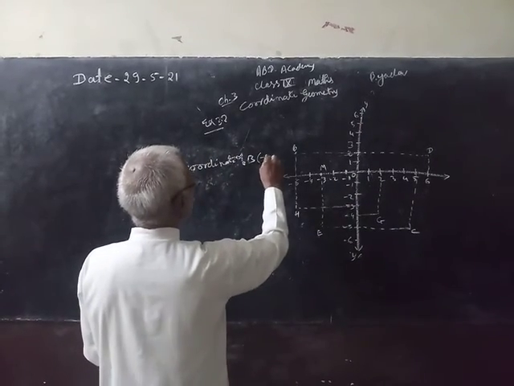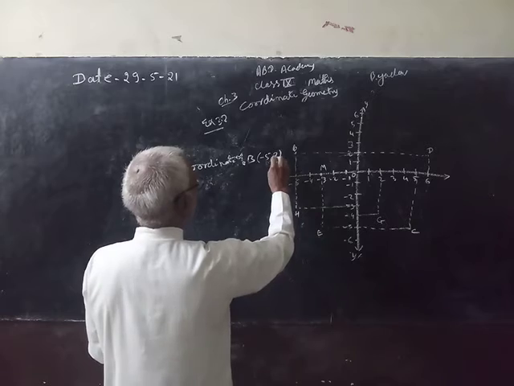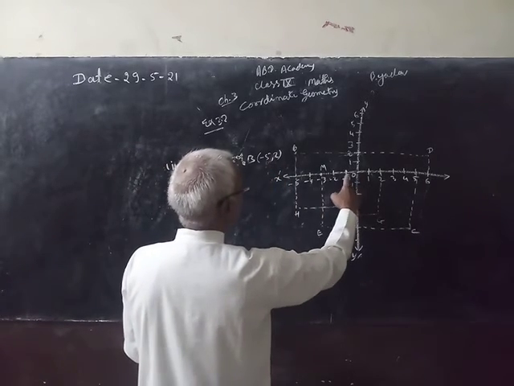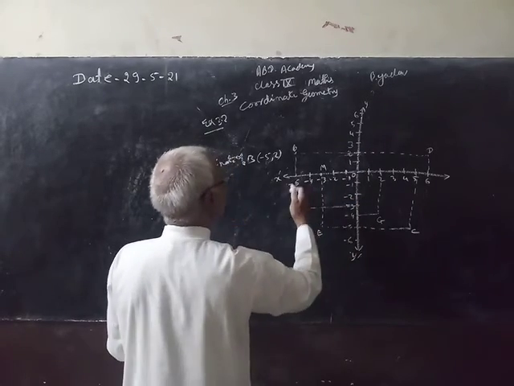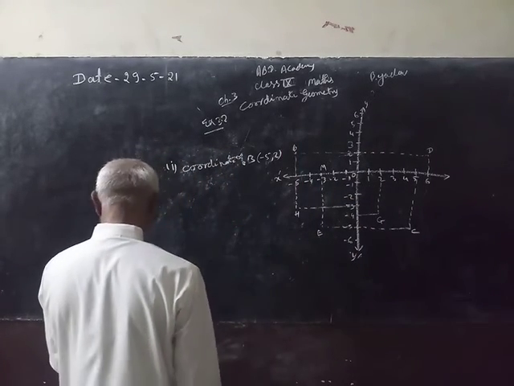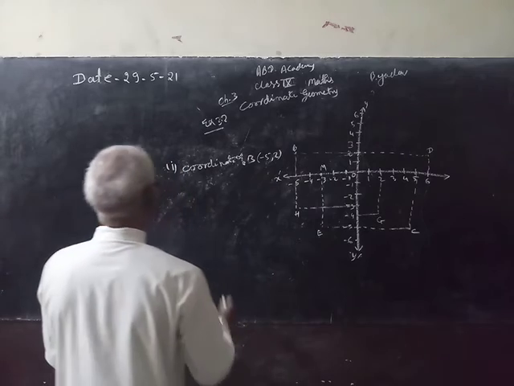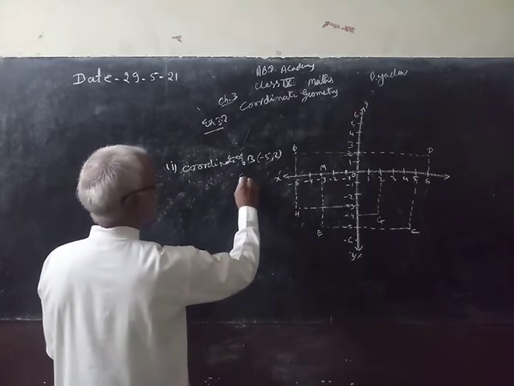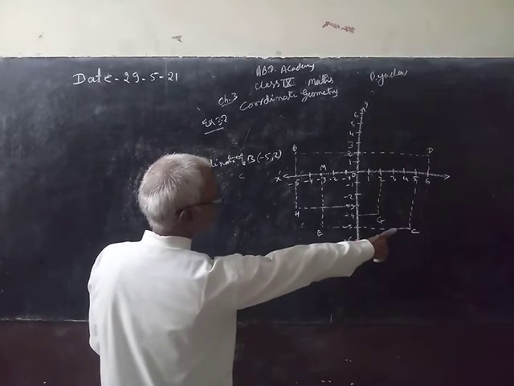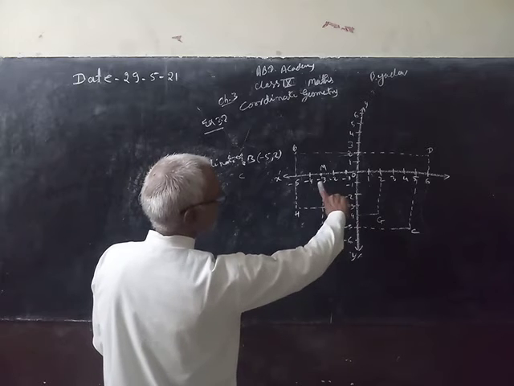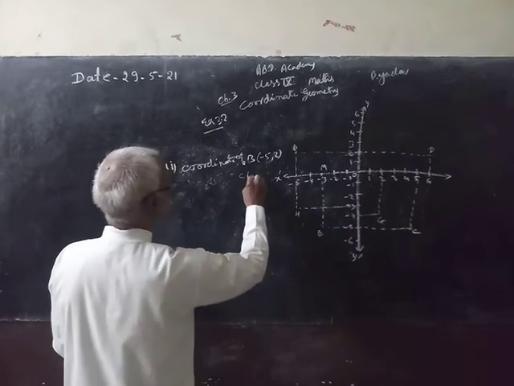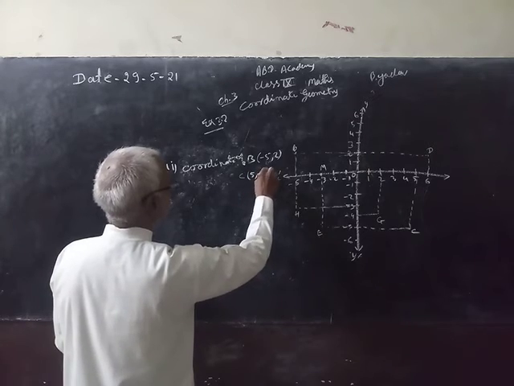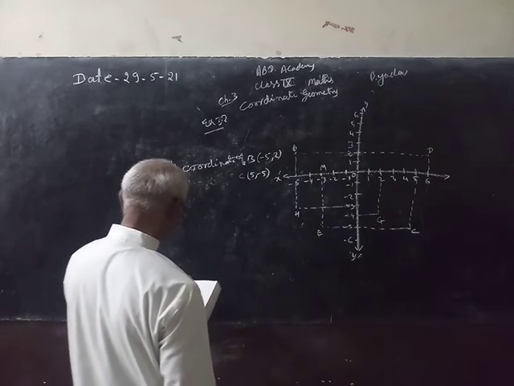So B is minus 5 and 2. Because minus 5 is left of O. Coordinate of C. Where is C? So it is first on the x-axis 5, and then minus 5 on the y-axis.